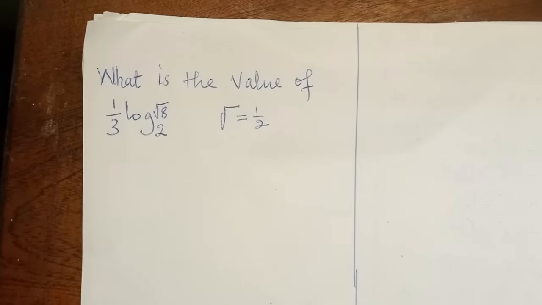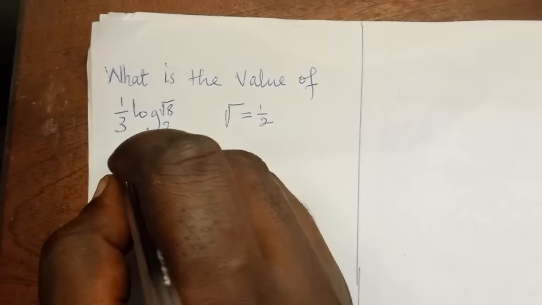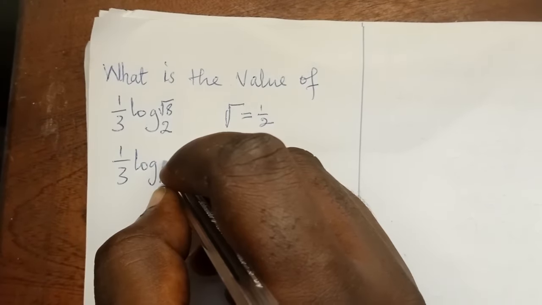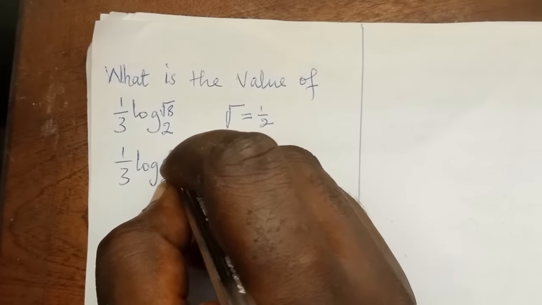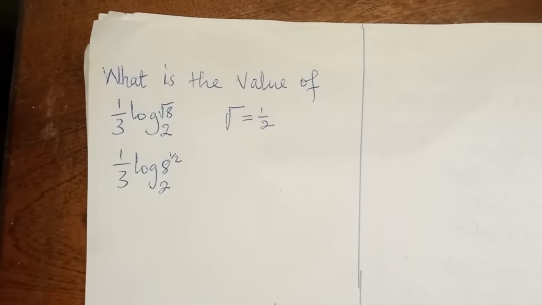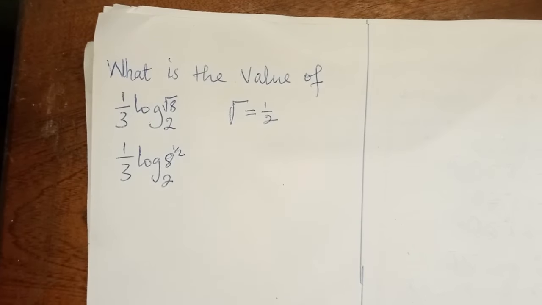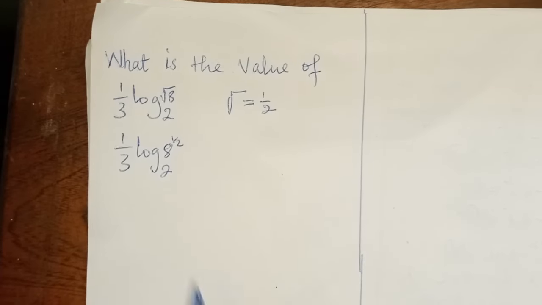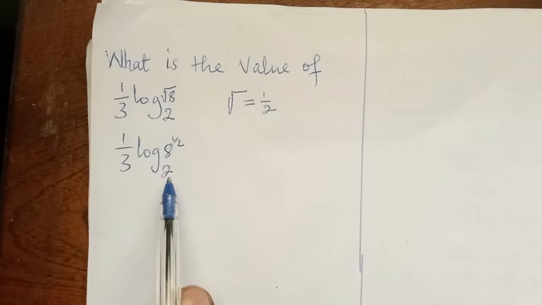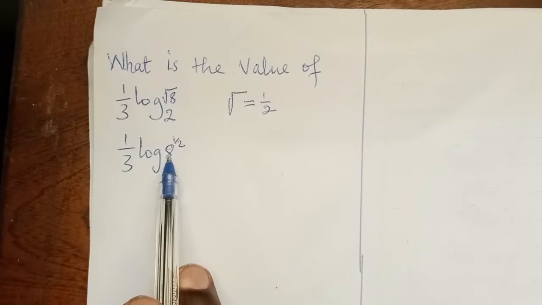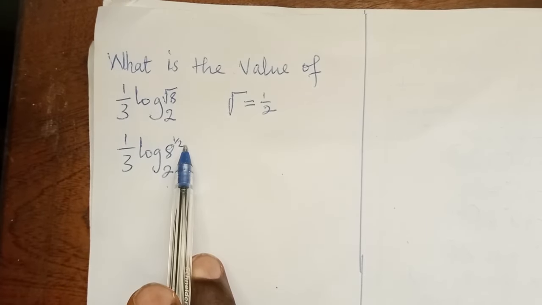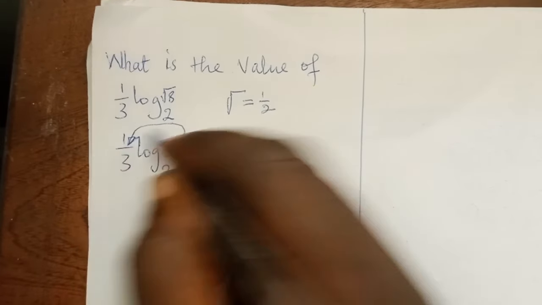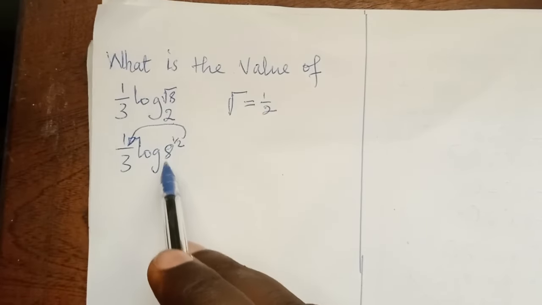Let's rewrite this and see what we have. This is the same as 1/3 log to the base of 2, and we have 8 here to the power half. Now recall again that when we have an expression like this, where we have the base and another power, we can simply transfer this power to come behind here and allow it to be just two simple terms.